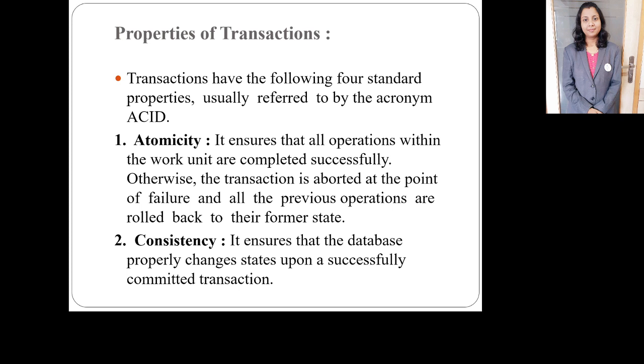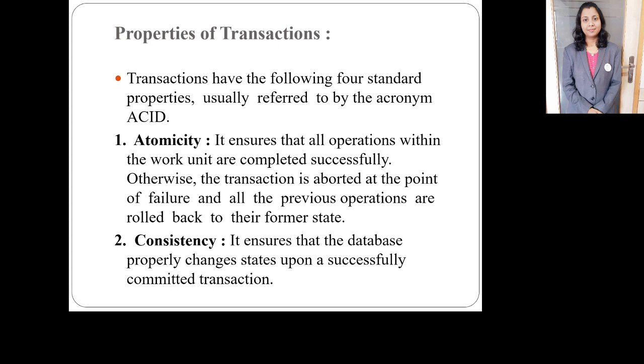Otherwise, the transaction is aborted at the point of failure and all the previous operations are rolled back to their former state. So what this atomicity property ensures is that all the operations within the work unit are completed successfully. If an operation is started to execute, that operation should complete. That is looked after by the property atomicity.